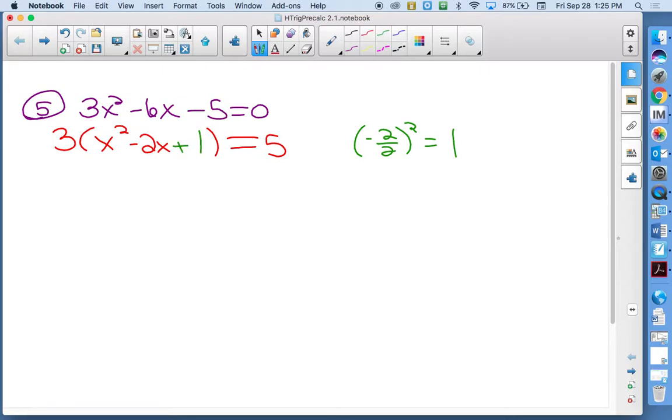But on the other side, Brandon, you add 3, which I think, as I was kind of getting at through the earlier 2 classes, a lot of students are forgetting to do that part. Because really, this 3 gets distributed to everything, and for it to be equivalent, technically you have 3x squared minus 6x plus 3 on the left.